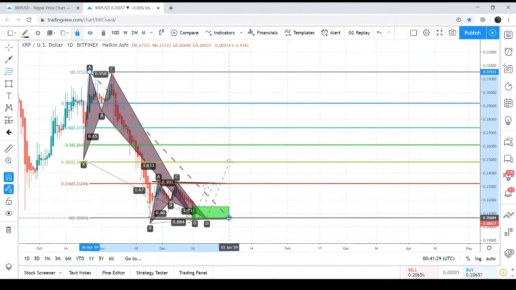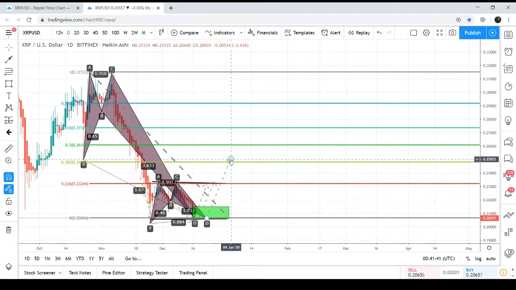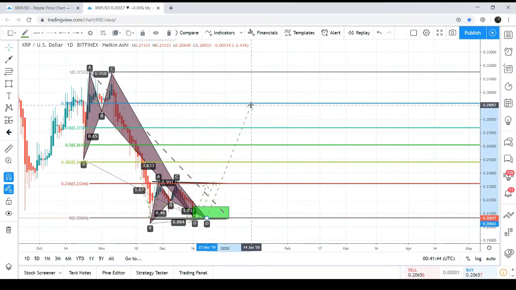So this move can be more than 40 or 50%, and the price action can hit up to 29 or 30 cents, from here up to almost here, or maybe here.